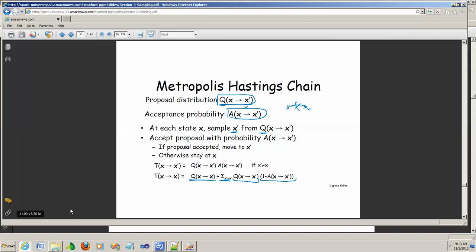Obviously, the transition model would be a product of your proposal distribution and acceptance distribution. That's how the transition model would be defined in this case, right? So that's the q times A. That's the transition model in Metropolis Hastings chains.